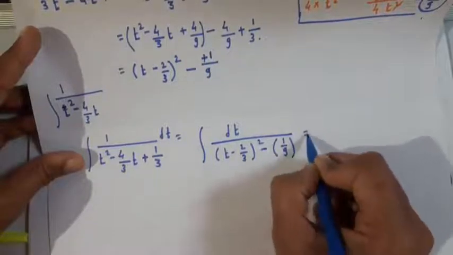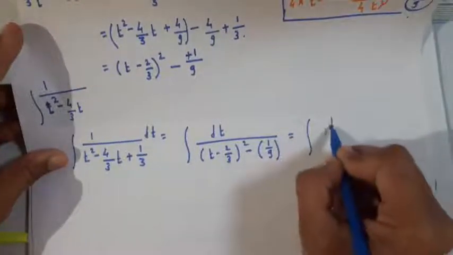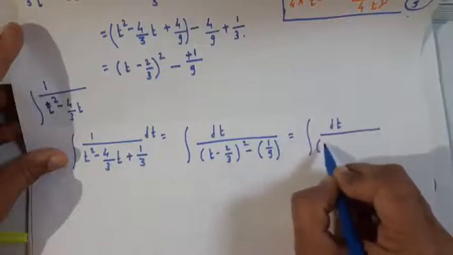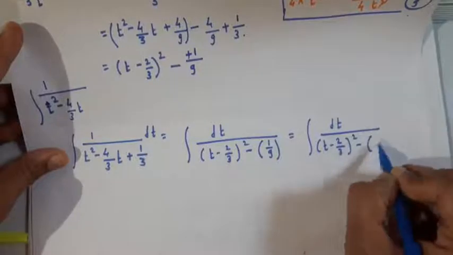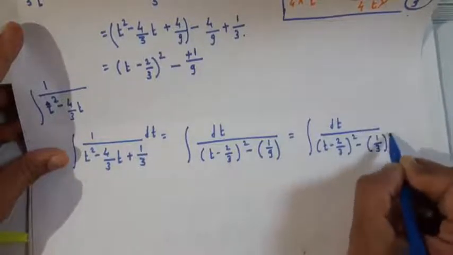And this 1/9 we can write as (t − 2/3)² − (1/3)².